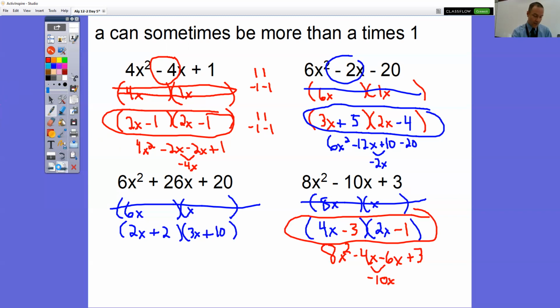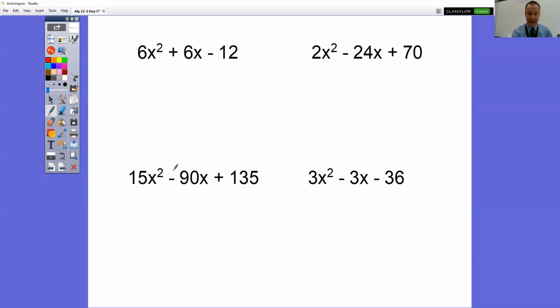Sometimes there are more than one correct answer to a problem. As crappy as that sounds, it's true. For example, in this one, there ends up being two different answers. You could end up with 2x and 3x, but then you could have a +4 and a -3.